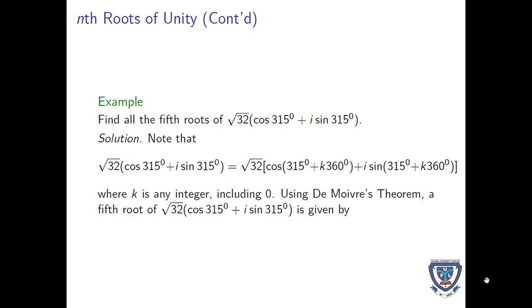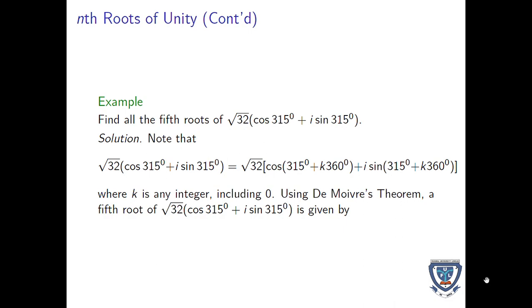Let's look at this example. We should find all the fifth roots of square root of 32 (cosine 315 degrees plus i sine 315 degrees). Solution. Note that square root of 32 (cosine 315 degrees plus i sine 315 degrees) is equal to square root of 32 (cosine (315 degrees plus k 360 degrees) plus i sine (315 degrees plus k 360 degrees)). So that is the revolution there, the 360 degrees k, where k is any integer including 0.